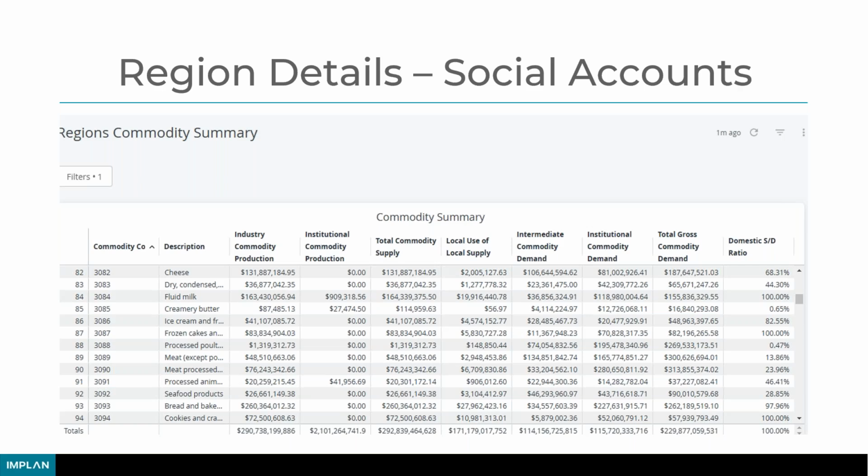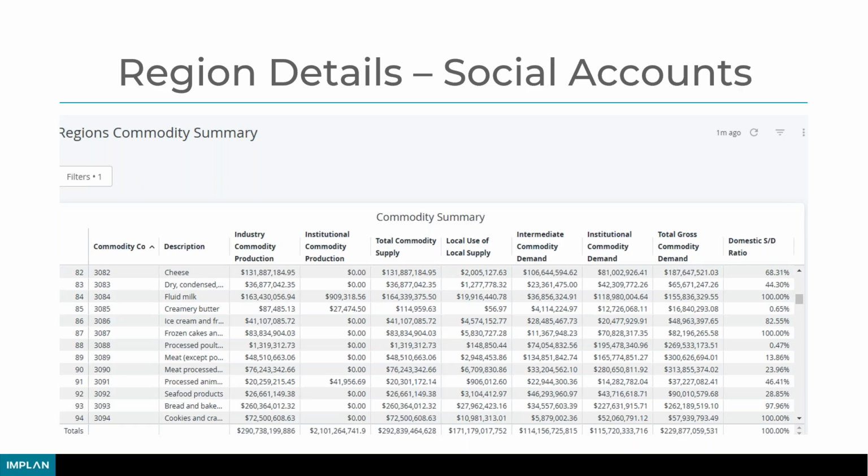So if we're looking at the top line cheese, we're looking at $131 million in commodity production, but we're also looking at a large amount of export because only about $2 million of that remains for local use of local supply.